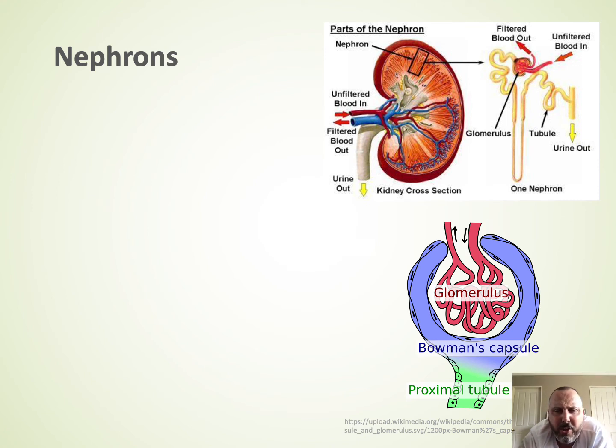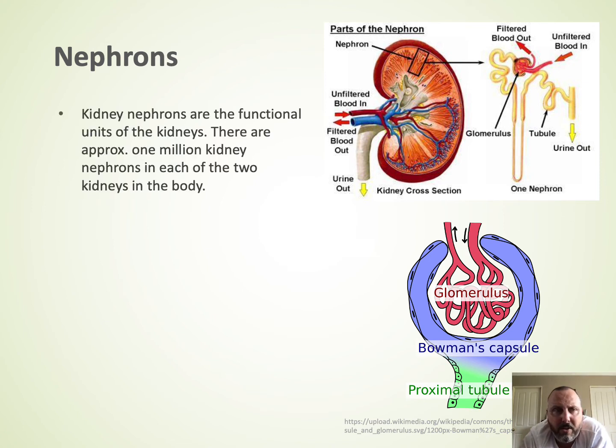You don't need to know a huge amount of detail, but it's important in understanding the structure and how the kidney works to understand that these smaller units are doing the donkey work for the kidney itself. So the nephron is what the functional unit's called. There are approximately 1 million nephrons in each of your kidneys. So, they're really jammed in there.